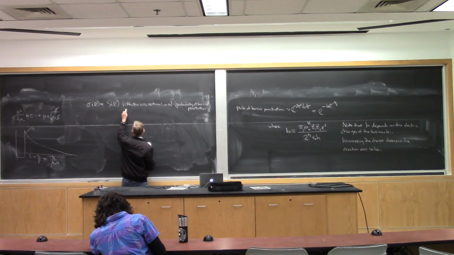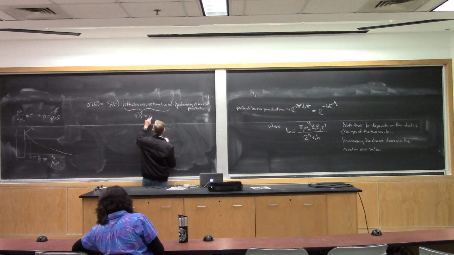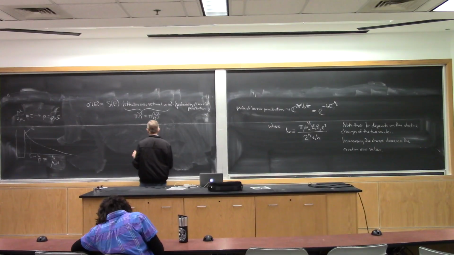And again, from last time, we said that the effective cross-sectional area was expected to be pi times the de Broglie wavelength squared, which would be pi times h over p squared.